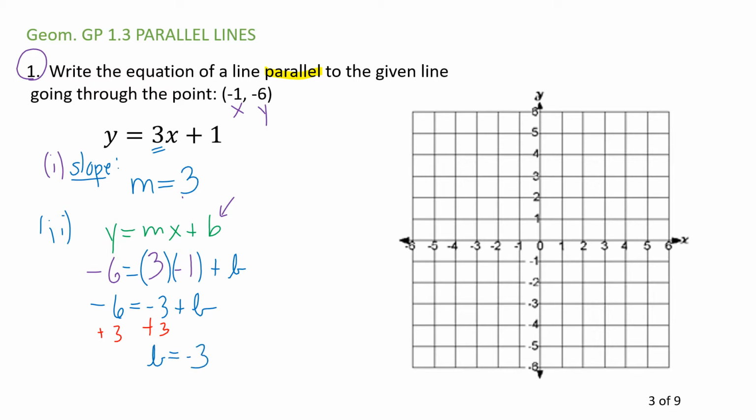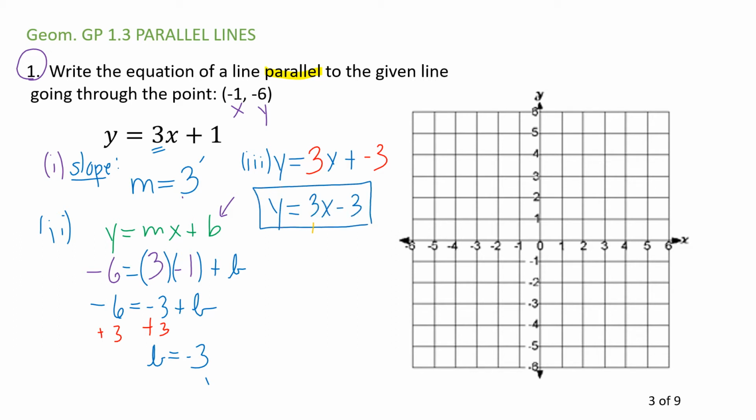So I have my slope and I have my y-intercept. So I need to write the equation of the line. Y equals slope plus y-intercept. The answer is y equals 3x minus 3.